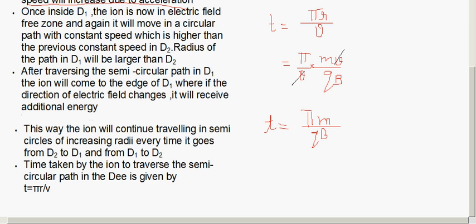So the time period of the motion, that means the time period to complete one circle, will be 2t, which is 2 pi m by qB.